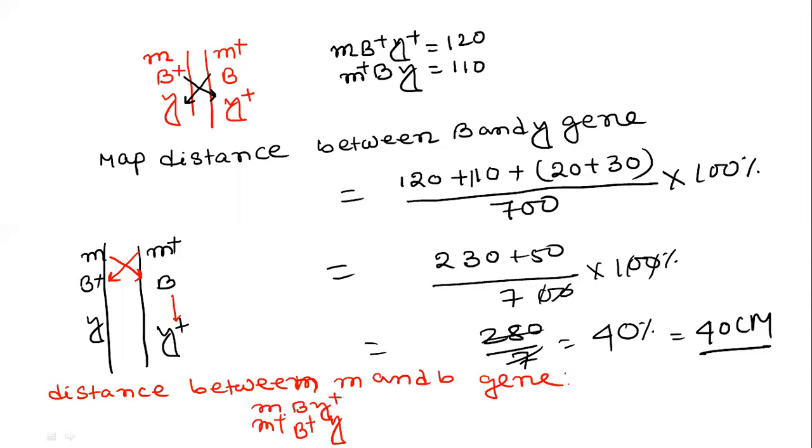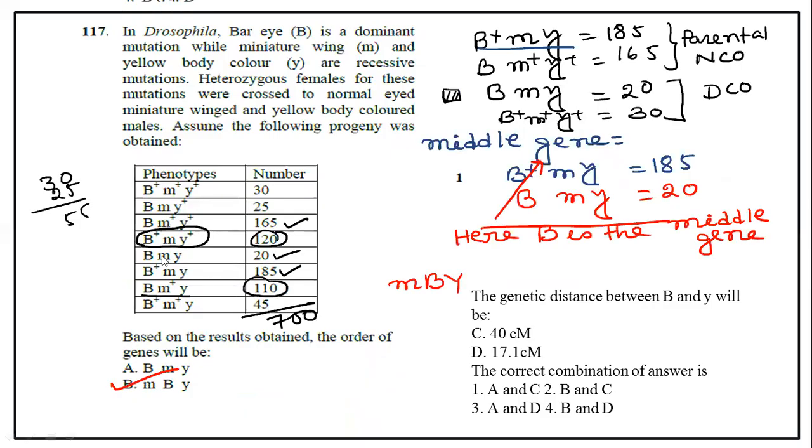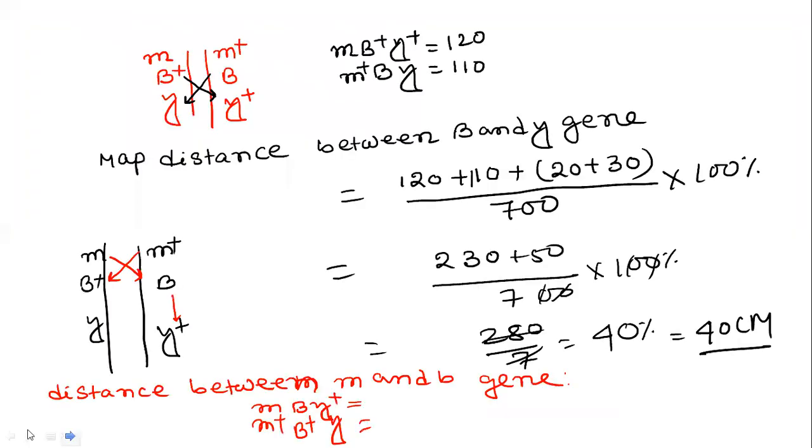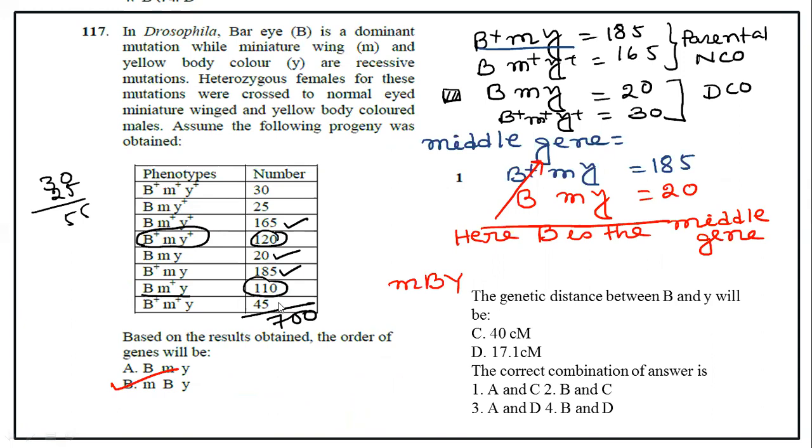Now you will get that number from the table given. From here you will get the number, and according to M plus B plus Y, it is 45.